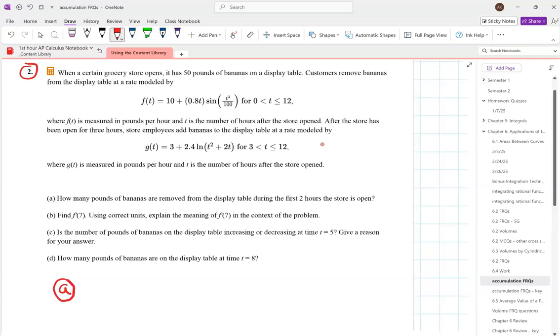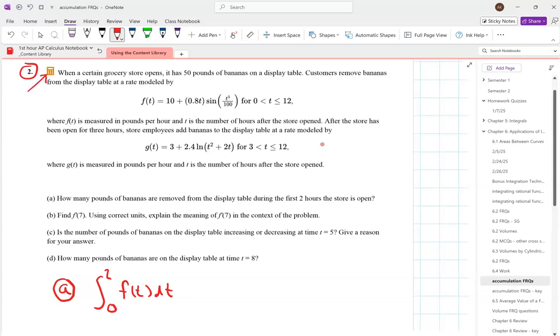So is the amount of bananas being removed constant? No, it's dependent on a function, dependent on t. So you're basically doing an accumulation, right? So this is just going to be the integral from 0 to 2 of f of t dt. How would I do that integral?